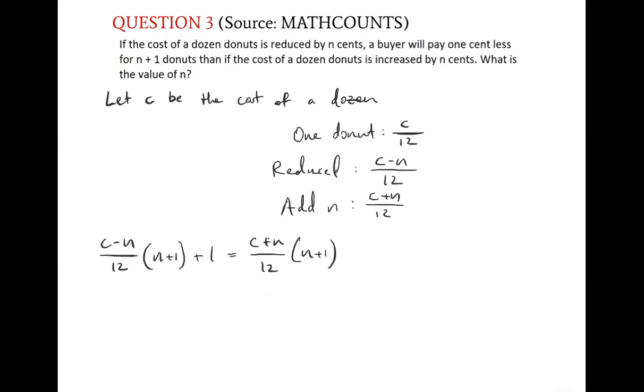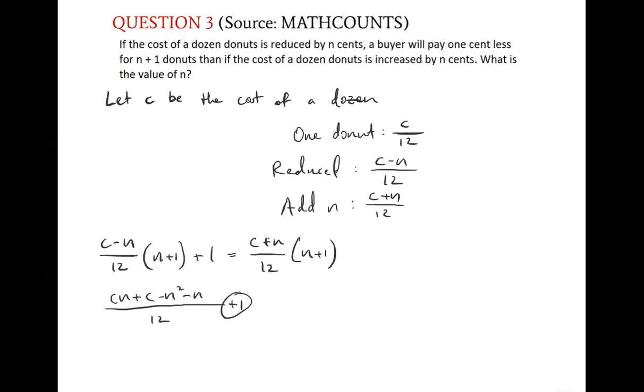Okay. Now you just have to solve this equation for n, and you'll see that you can actually get rid of the c after you expand everything. And so I'm just going to expand it real quick. And plus 1 over 12.